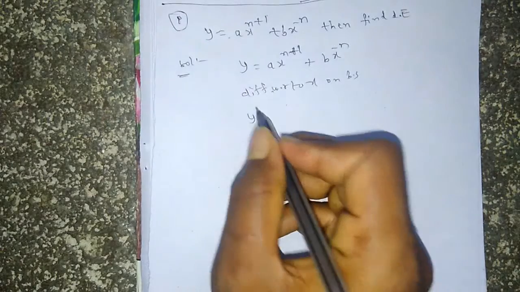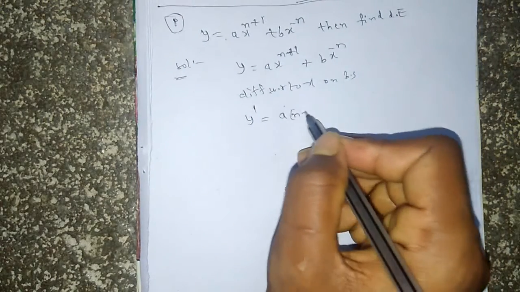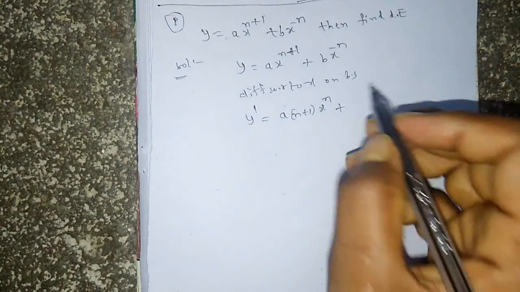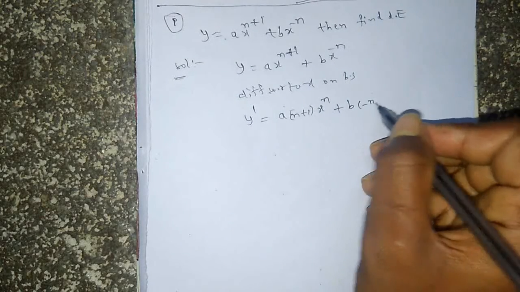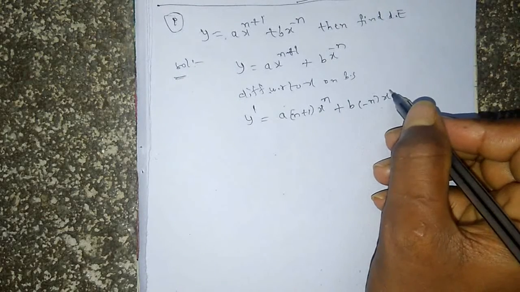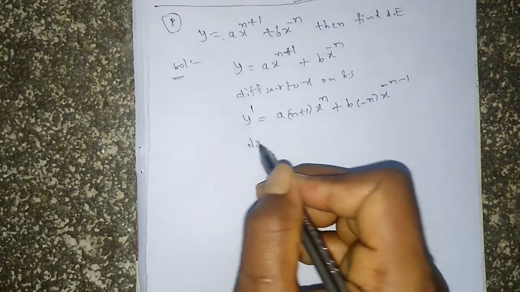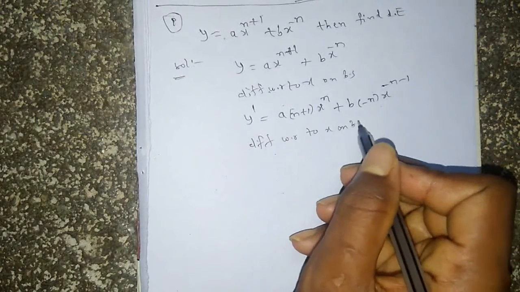Derivative of y is y dash, which is equal to a into the derivative of x power n plus 1, that is n plus 1 into x power n, plus b into the derivative of x power minus n, that is minus n into x power minus n minus 1. Now differentiate again with respect to x on both sides.